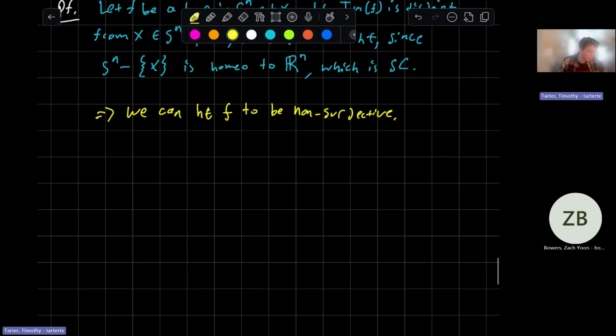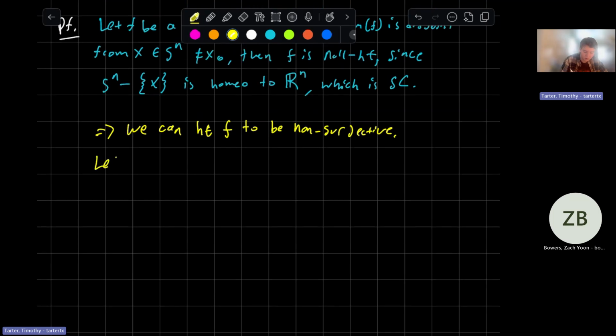To do this, we will look at a small open ball. Let B be open in S^n at x not equal to x naught, and see the number of times that f passes through x and leaves.